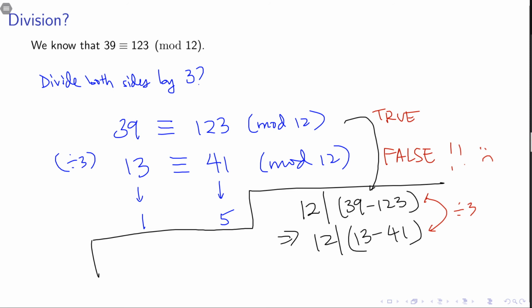And what that means is now 12 doesn't divide the right side, because I've removed the only factor of 3 from the right. 12 is 3 times 4, so you need 3 and 4 to divide the right side. So maybe this will work if I have 4 on the left. Now I can say 4 divides their difference, and this is going to be a true statement when I change this to 4, because they will both have remainder 1.